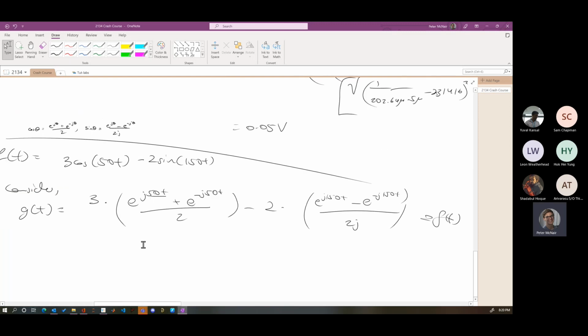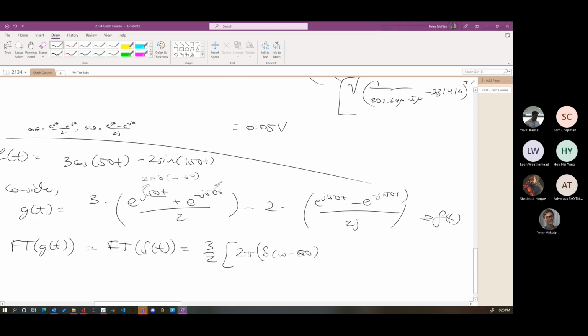So now let's take the Fourier transform of g of t, which is actually equal to the Fourier transform of f of t because they're the same function. And we can say this is 3 on 2 times 2 pi delta of omega minus 50. So the Fourier transform of this is 2 pi delta omega minus 50, and this one is 2 pi delta omega plus 50.